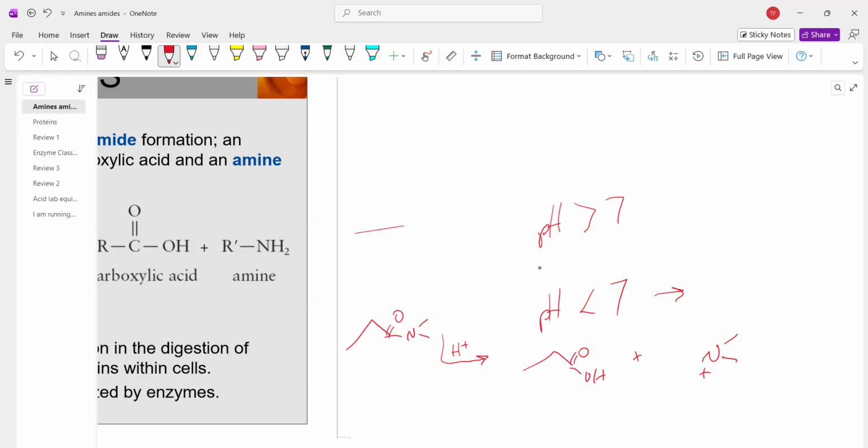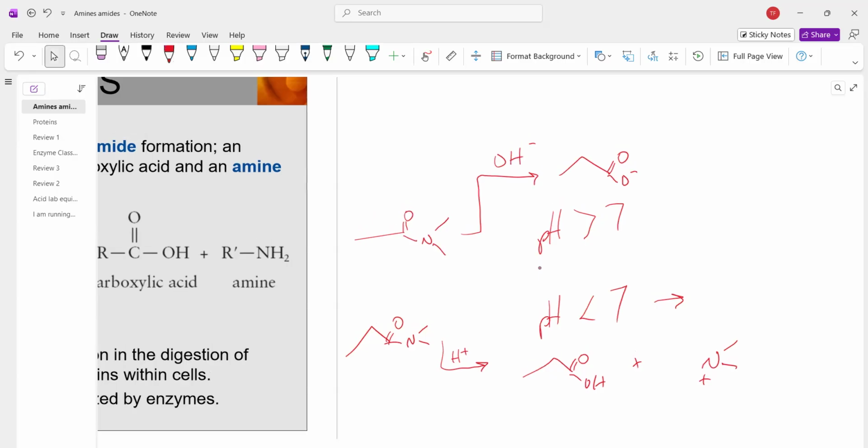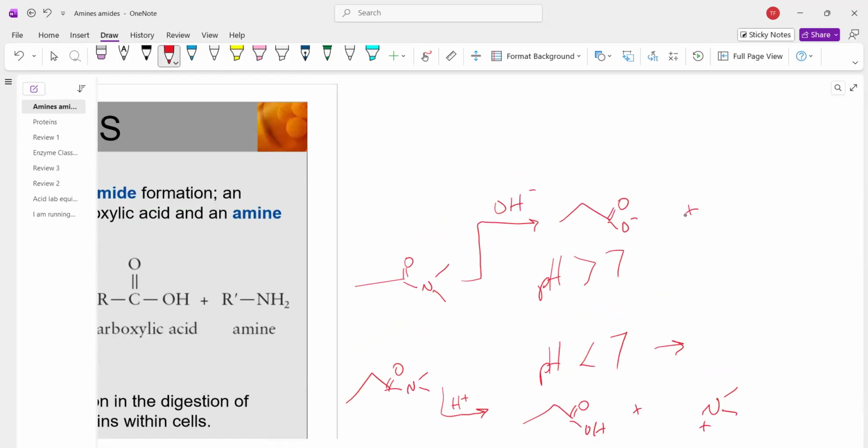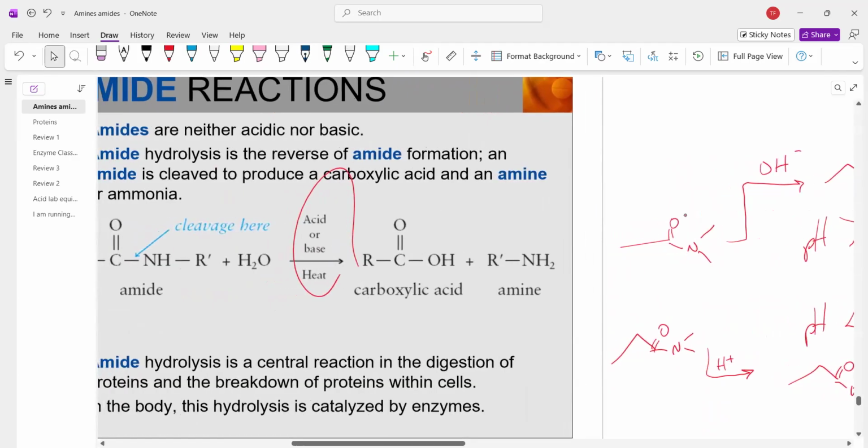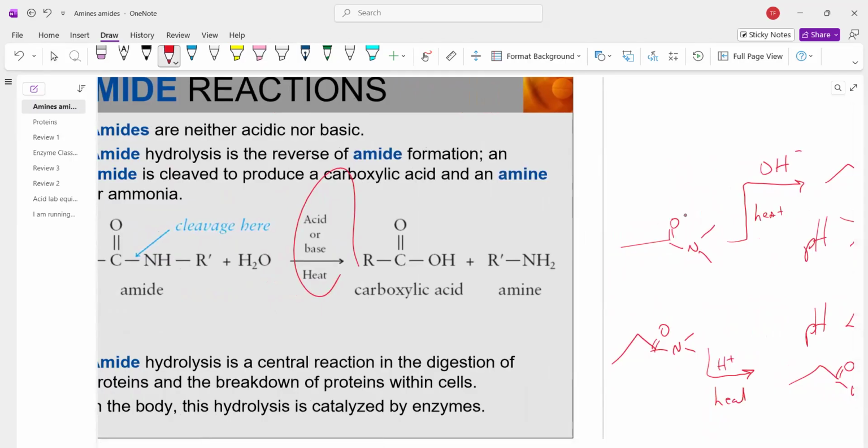In a basic environment, we're going to end up with the salt plus the dimethylamine. And then we need to warm these also.